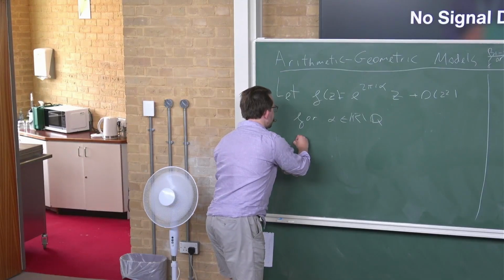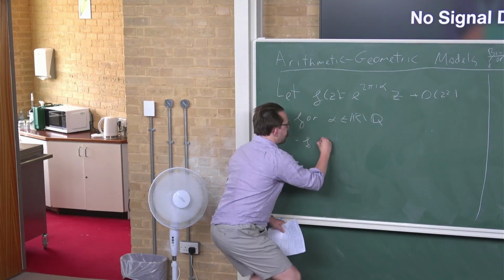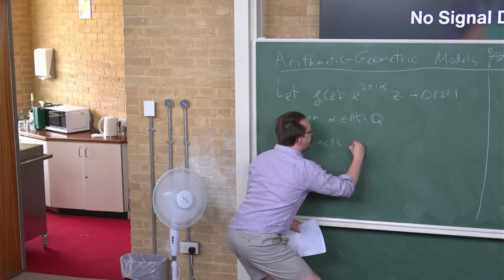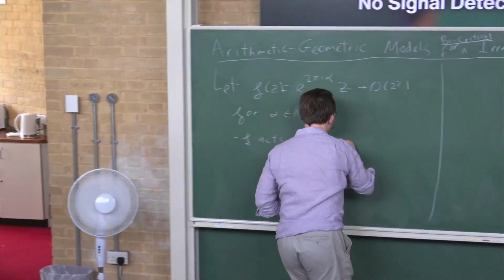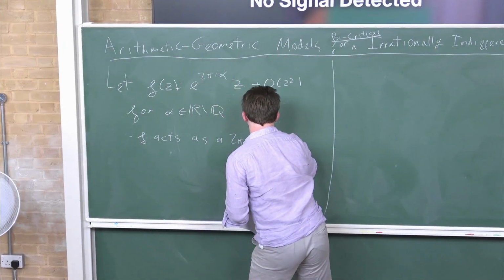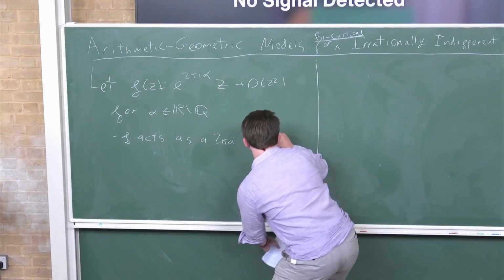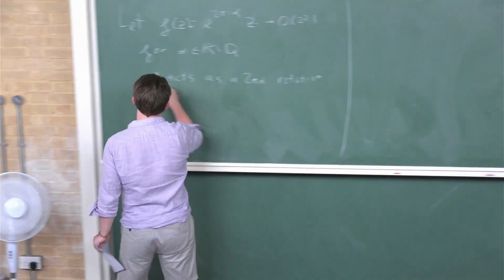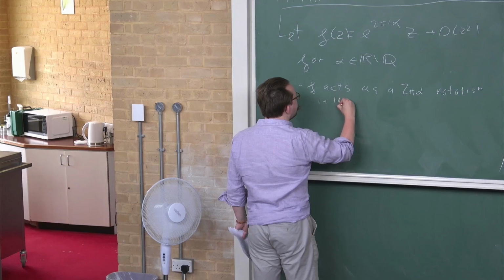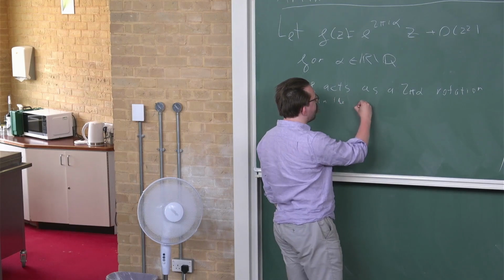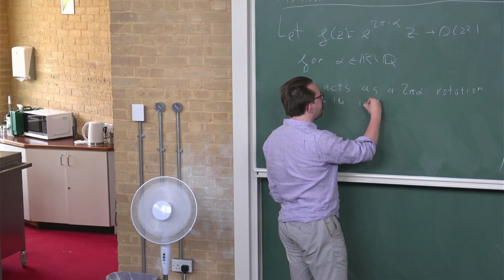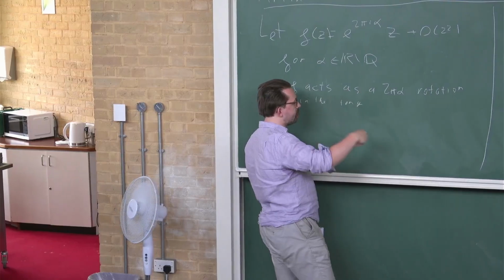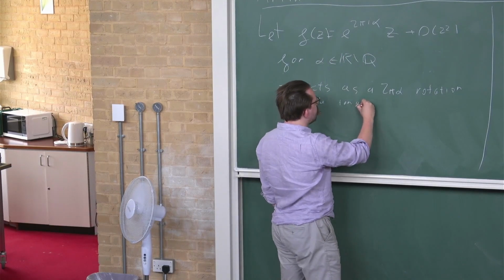In this situation, f has a 2πα rotation in the tangential direction. So it really does rotate things around the fixed point at 0.